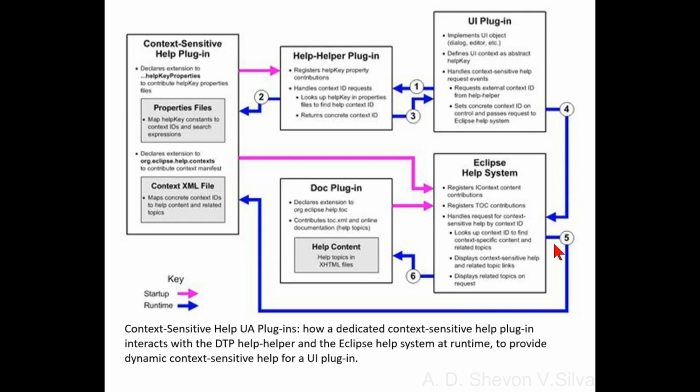Step 5, the Eclipse help system looks up the context-specific content and related topics by the help context ID, retrieves them from the context XML file that was registered for the UI plugin, and then displays them in the help view. Upon user request by clicking a related topic link, the Eclipse help system retrieves a help topic content contributed by a documentation plugin and displays it in the help view.